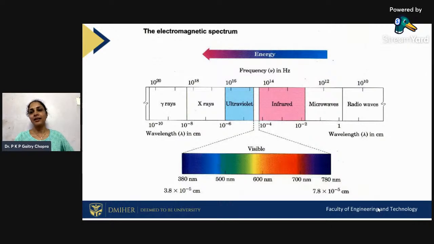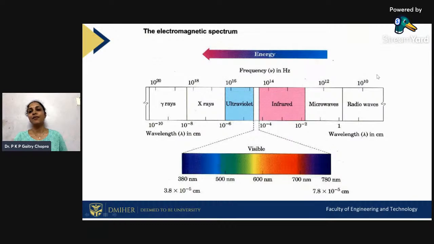The spectrum on the screen is shown in the order in which the wavelength is increasing and the frequency is decreasing, or you can say the energy is decreasing.